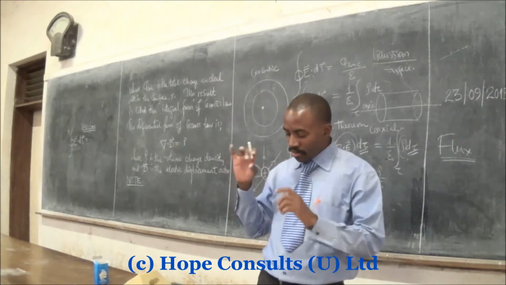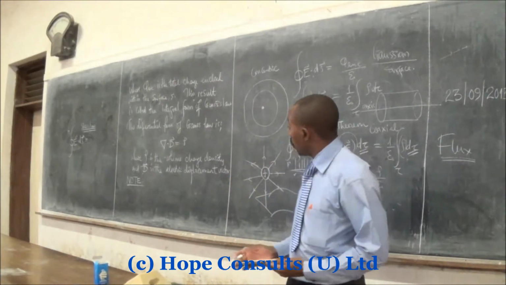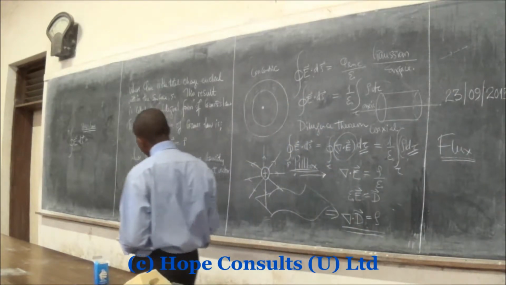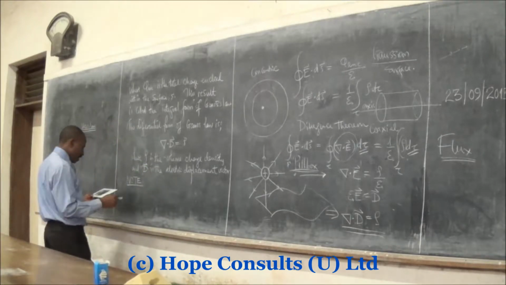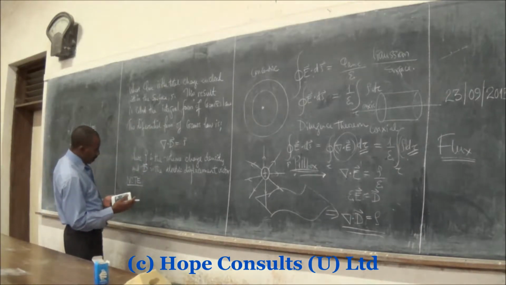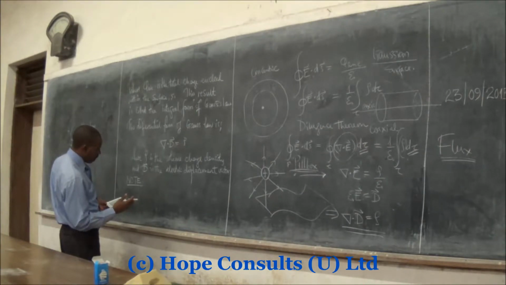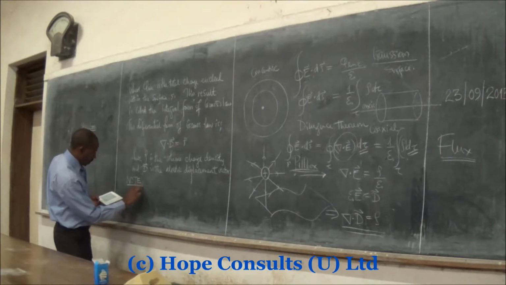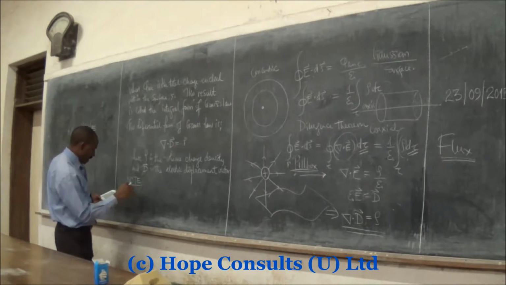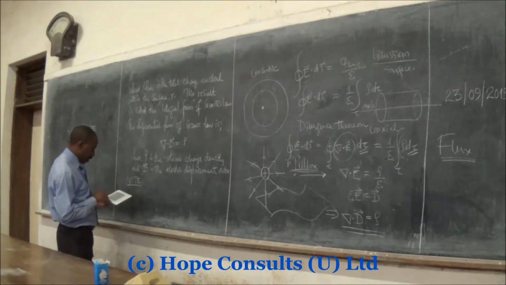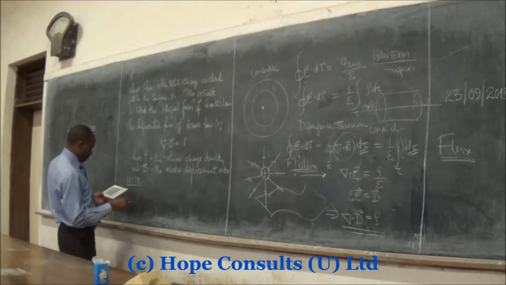And then we said that we were taking a Gaussian pillbox. So the thought is that in order to apply Gauss's law, we have to make sure that we are dealing with symmetrical surfaces, for example spherical.